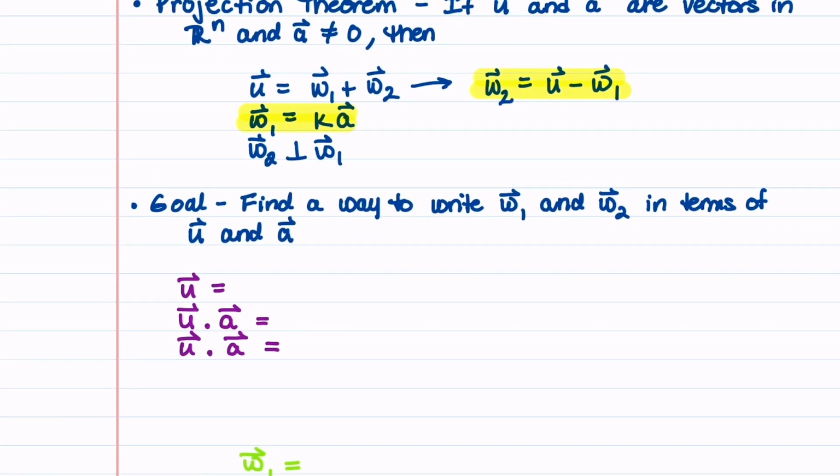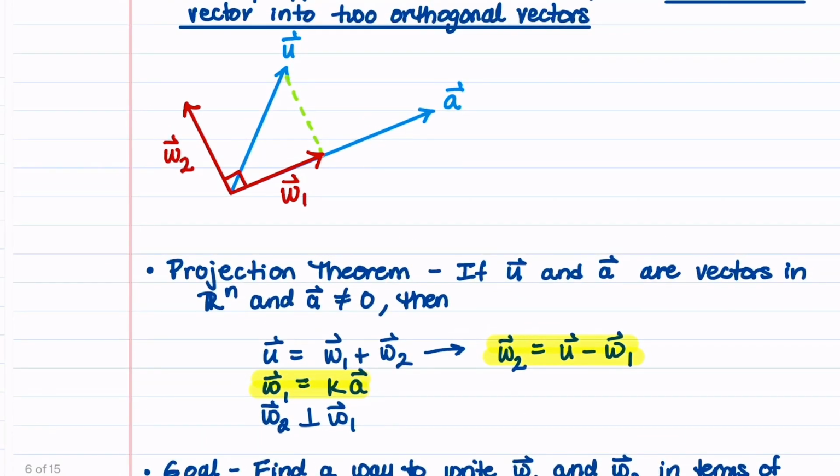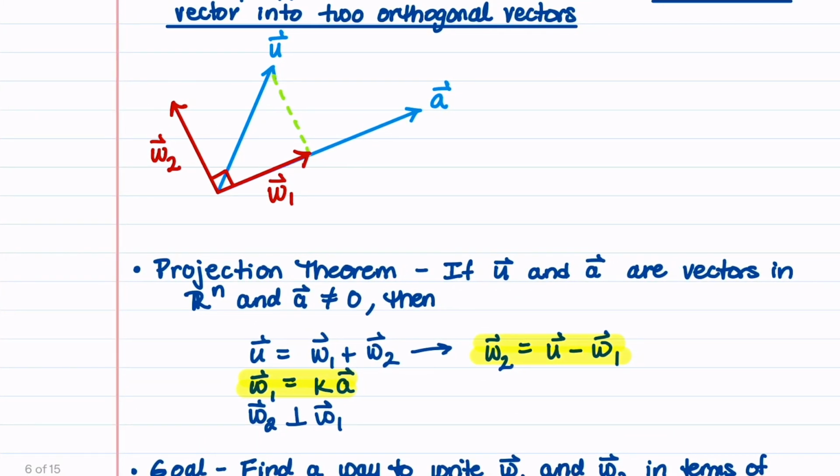We're going to start by saying u is W1 plus W2. We're going to make use of the fact that W2 and A are orthogonal. Let's look at that again. Our vector W2 is perpendicular to A, so the dot product of W2 and A is going to be equal to 0.